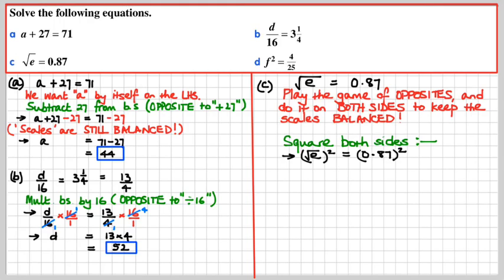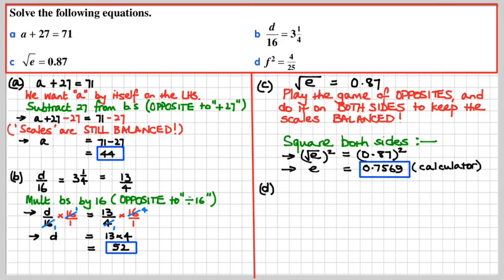Yes, it's 4. What's 4 squared? 16. So taking the square root and squaring gets us exactly back to the point where we started. So what we're saying is that e will be this thing squared, which if we do it on the calculator, we get that.